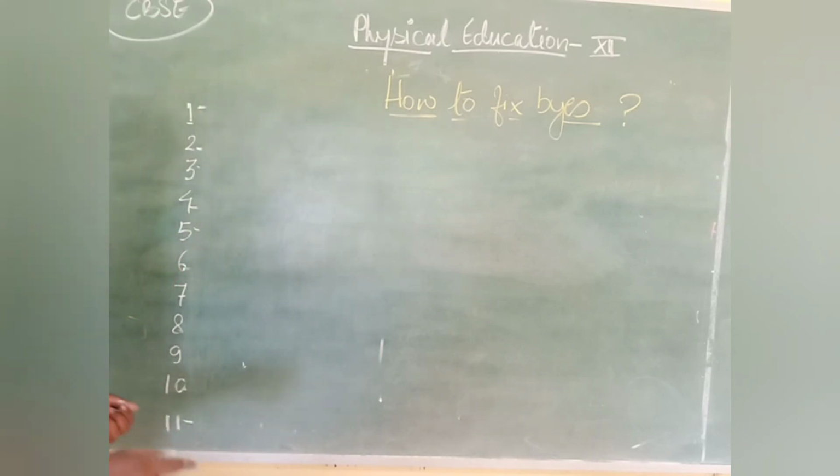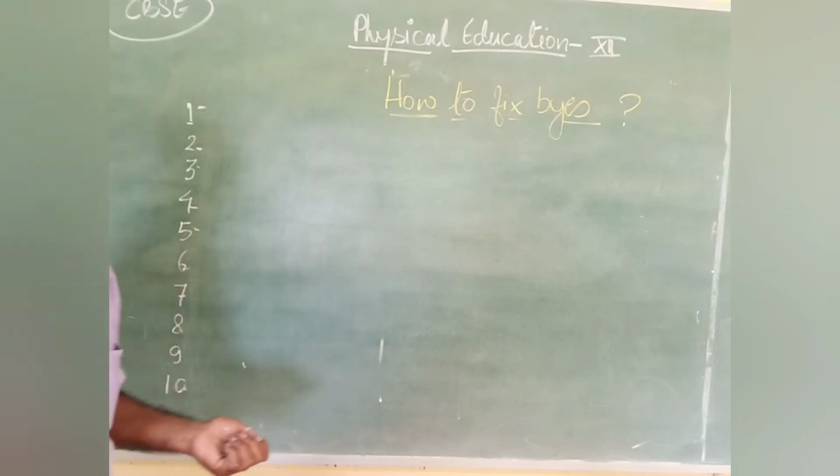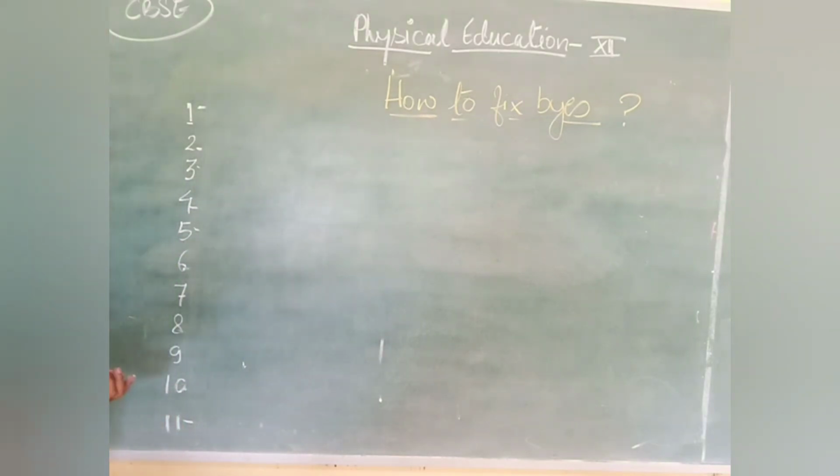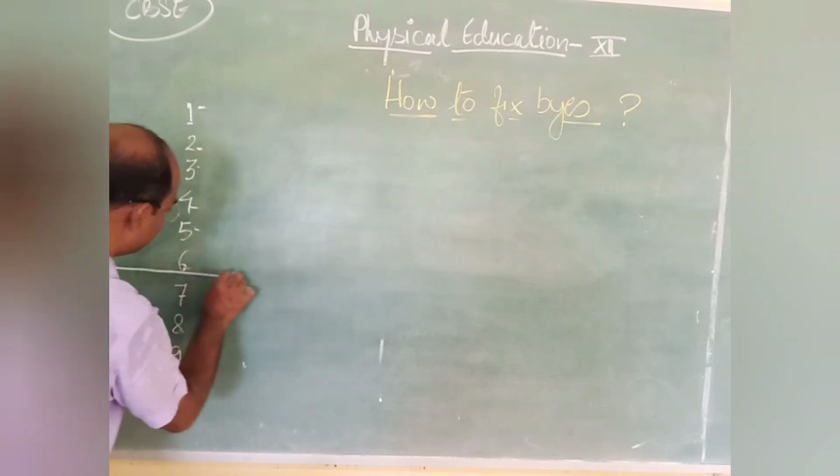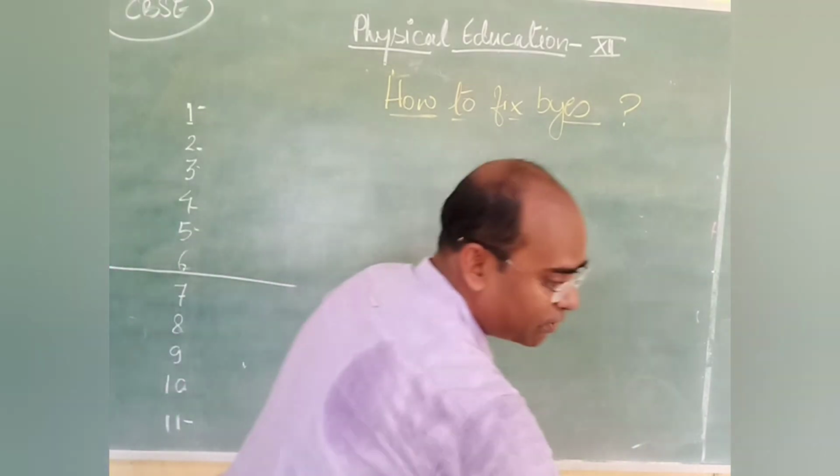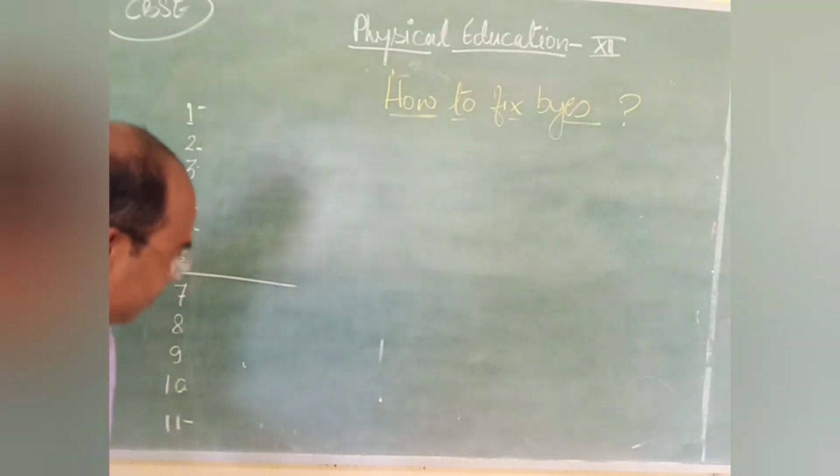So as we said, number of teams in upper half will be how many? N plus 1. So that means 6 teams will be there. So what we do? We write here. We have got the very big scale, so I am using scale.